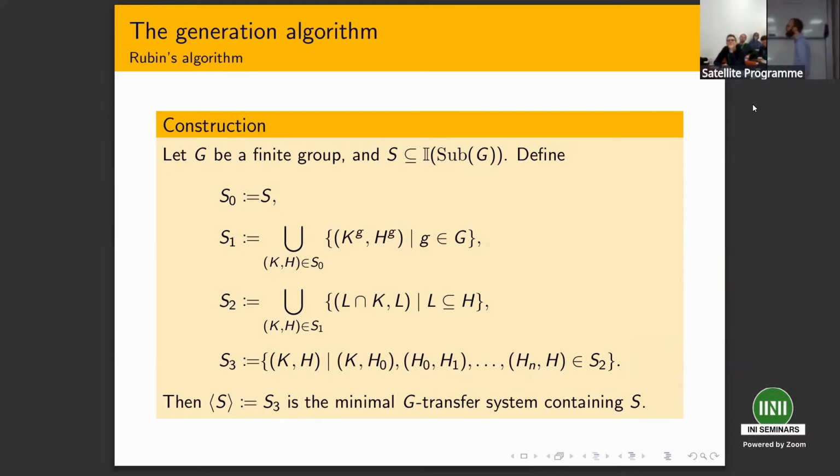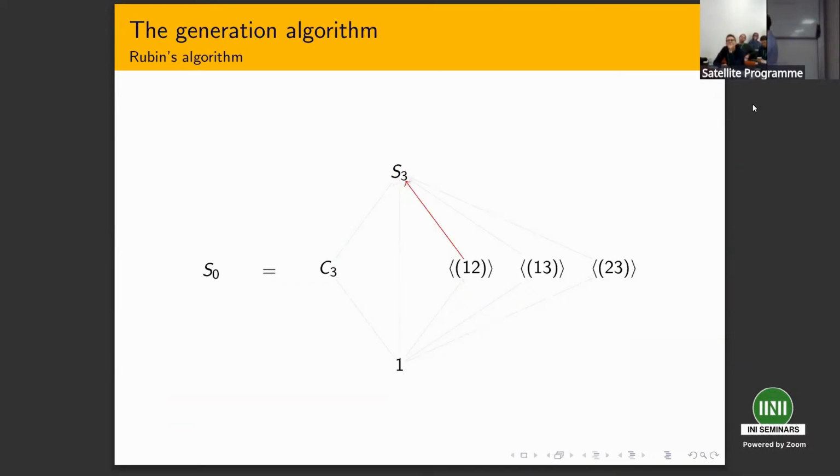That's a nice idea. And actually, here's an example. So S3. So I take this single non-trivial inclusion from the subgroup generated by the transposition (1 2) into S3. So Ruben says close under conjugation. So I close under conjugation. Then I have to close under this restriction rule.